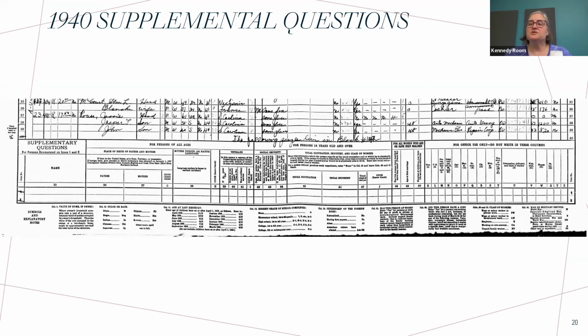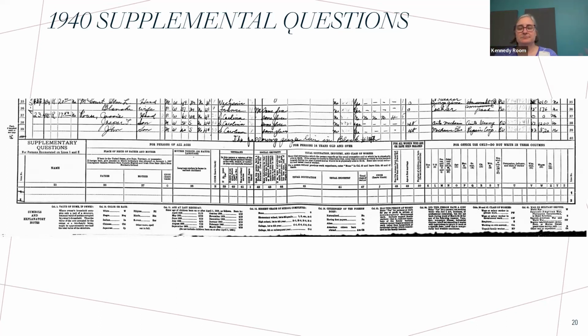So Social Security wanted to know, does this person have a federal Social Security number? Were deductions made for federal old age insurance or railroad retirement? If no, were deductions made from a portion of their salary?